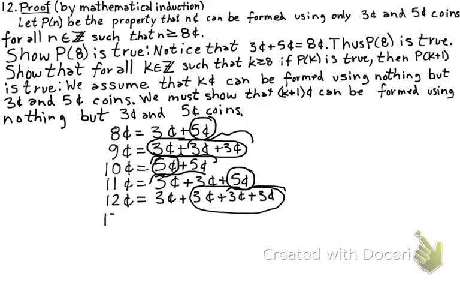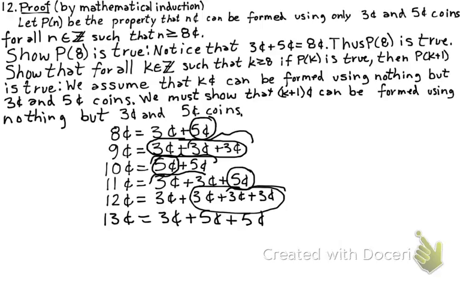So we've got 13 cents equals 3 cents plus 5 cents plus 5 cents. So it looks like as long as we've got a 5-cent coin, we can get the next value up just by changing it into 2 3-cent coins.